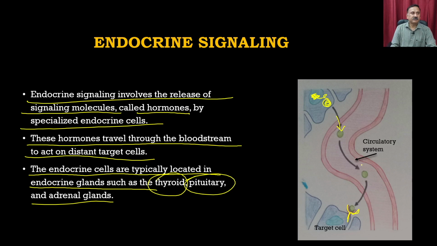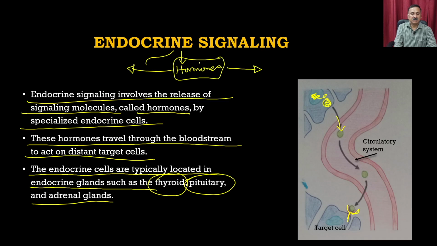We have many examples. So endocrine signaling can happen in different types of organisms, right? It is mostly done by hormones, and hormones are present in eukaryotic cells, mostly in multicellular organisms.